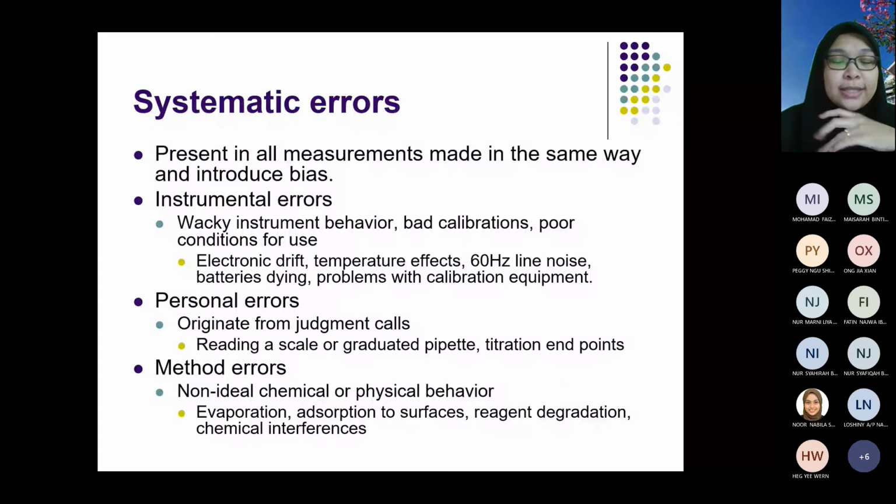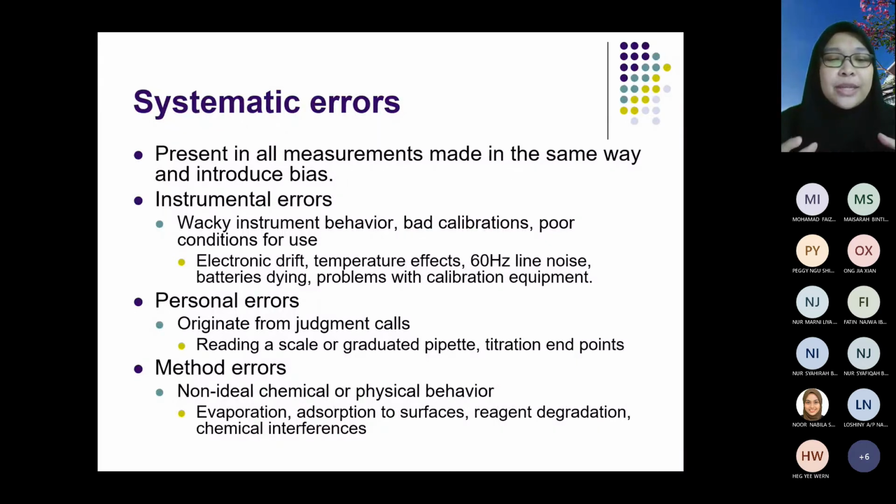So the last one under systematic error, we have method error. Okay, non-ideal chemical or physical behavior, evaporation, adsorption to surfaces, and you are handling easy to evaporate chemicals dekat tempat yang tak sesuai.